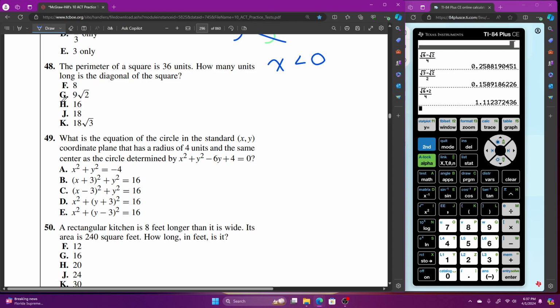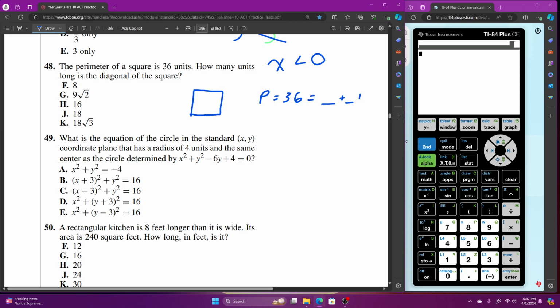Moving forward to question number 48, the perimeter of a square is 36 units. How many units long is the diagonal of the square? So here's our square. The perimeter equals 36, and perimeter equals, you did what with all 4 sides?